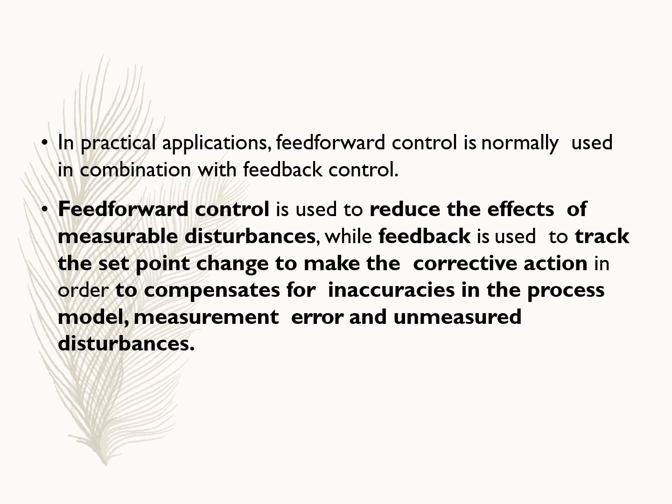So in practical application, feed-forward control is normally used in combination with feedback control. Just now we learned about feedback control. Feedback control is because they measure from the output, right? And return it back to the input. So that's why we call it feedback.